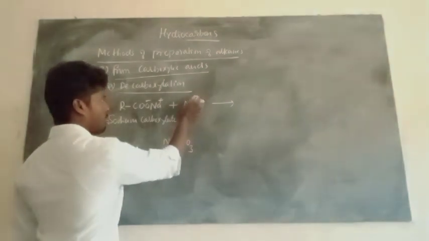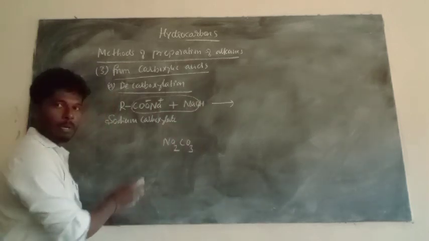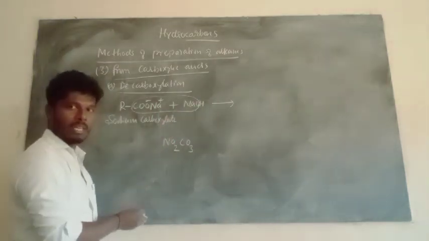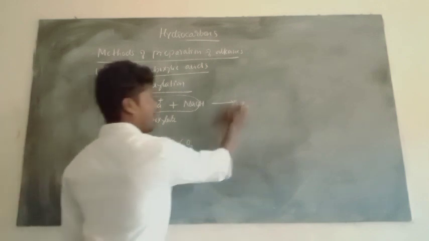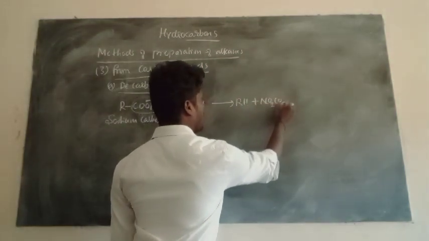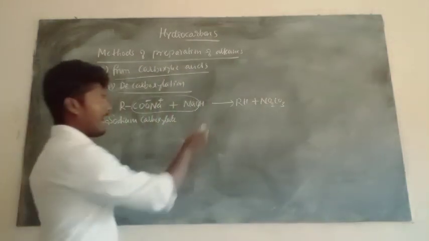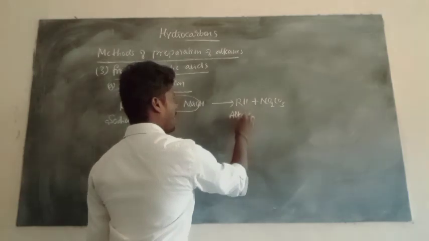That is, observe this one, becomes sodium carbonate. Then R and H becomes RH. That we call what? Alkane. That is RH plus the byproduct Na2CO3, sodium carbonate. This is one of the methods to prepare what? Alkanes. From what?